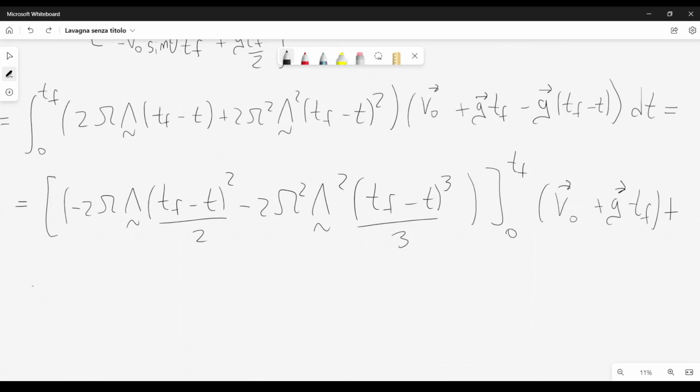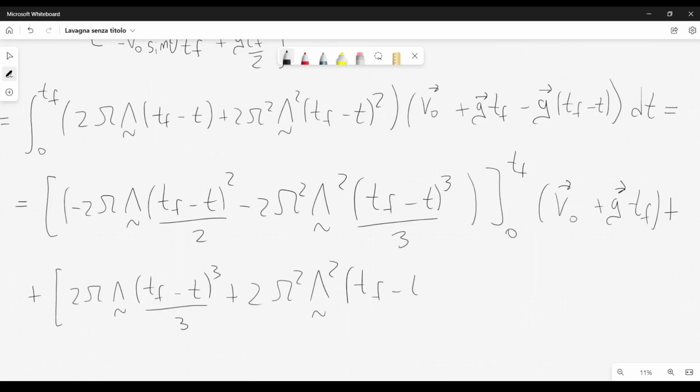So we have plus 2 omega lambda tf minus t cubed over 3 plus 2 omega squared lambda squared tf minus t to the fourth divided by 4, evaluated between 0 and tf, and then multiply by g.